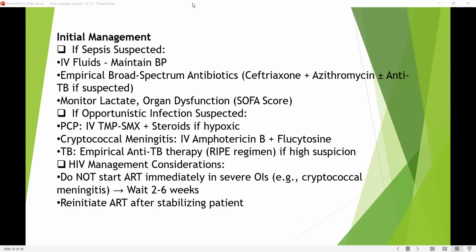Management is not your task, but if management comes up, initial management, if you suspect it could be sepsis, is definitely IV fluid. After collecting all the blood samples, you can start broad spectrum antibiotics and then monitor bloods. Based on your diagnosis, you can then continue treatment, and you need to involve your senior as well.